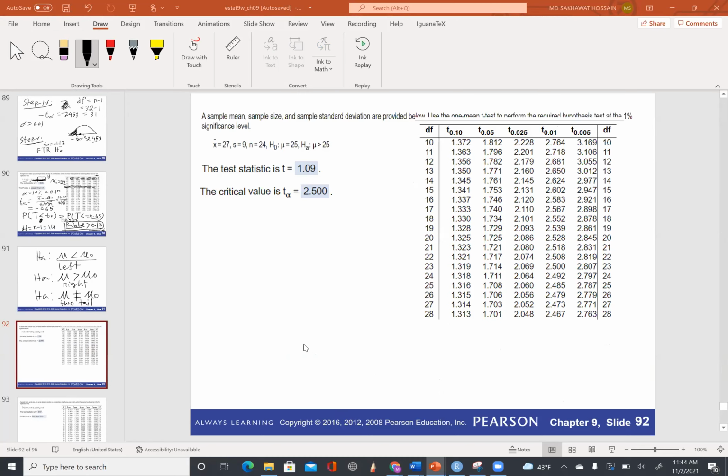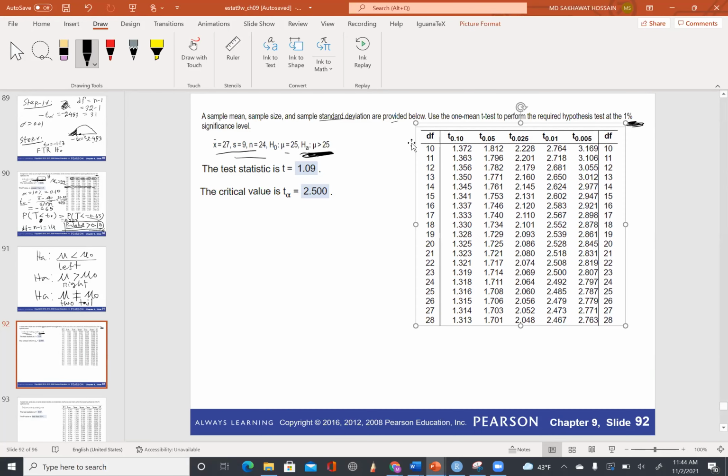A sample mean, sample size, and sample standard deviation are given, so this is also a t-test. In this case, this is a right tail test, right? Because the alternative is mu greater than 25, and alpha is 1%, which is 0.01.